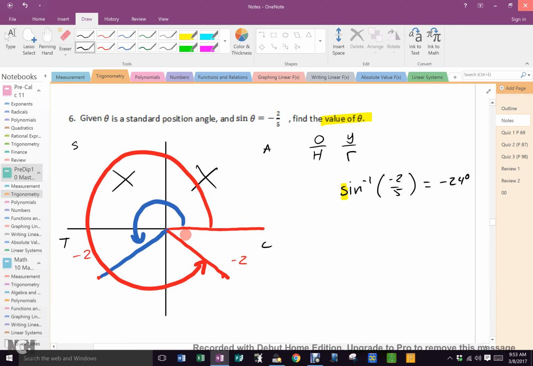All the way around is 360, but I removed how much of it? 24. Minus 24 to get what? 336, right? What then is blue theta? Where does the 24 have to live over here?